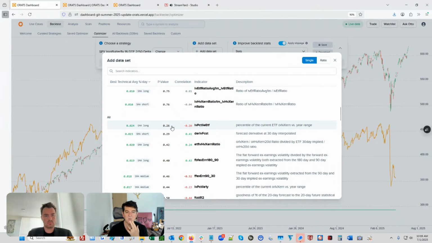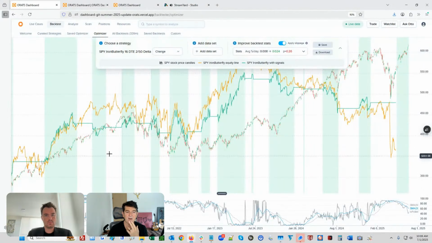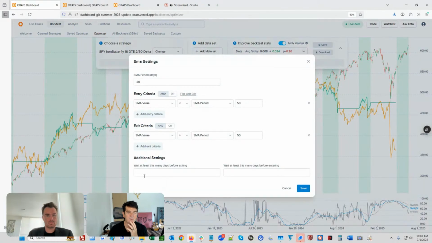This is a 26 p-value, and what we're seeing is it's only going to trade when the implied volatility percentile to the ETF is within a certain SMA range. And in this case, it's a 20-day period, and we automatically do these for you.